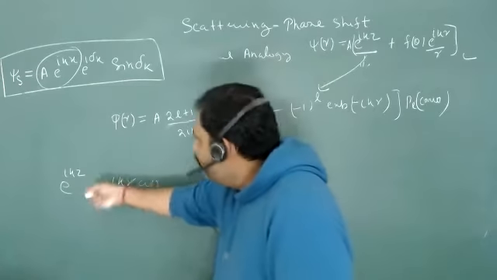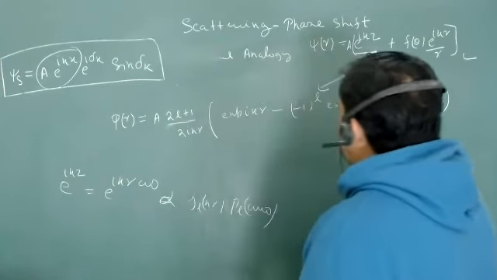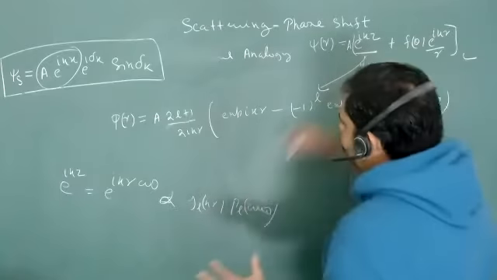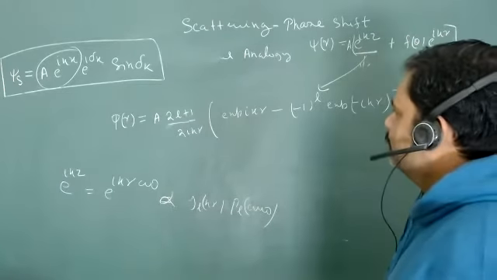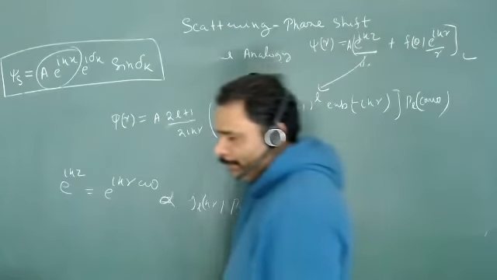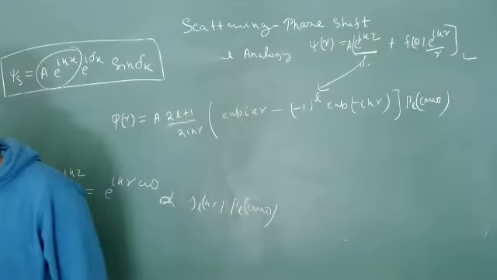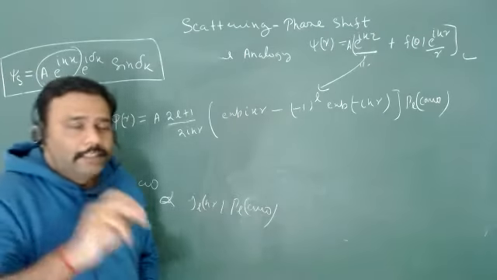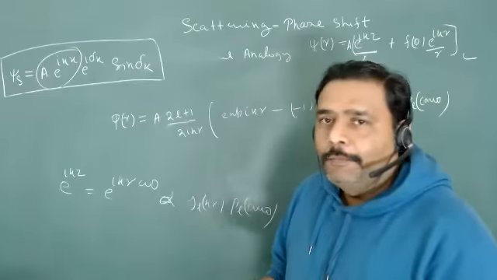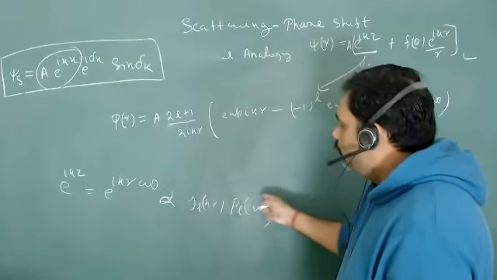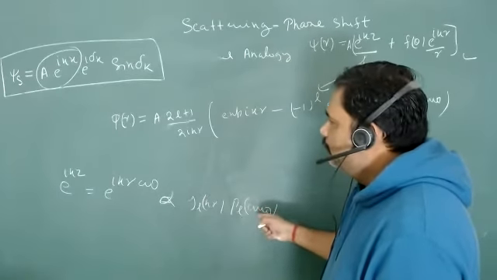So e to the power i kz is actually an incoming wave and a superposition of outgoing wave, in a spherical polar coordinate, not in a Cartesian coordinate. Are you getting my point? And we are just talking about all possible theta here.